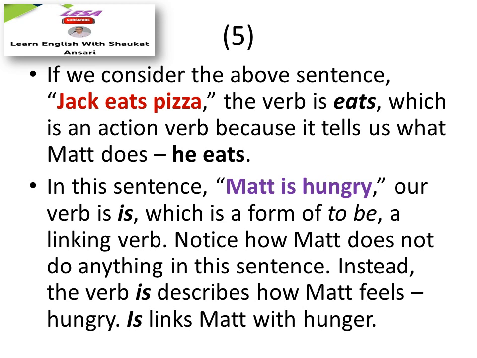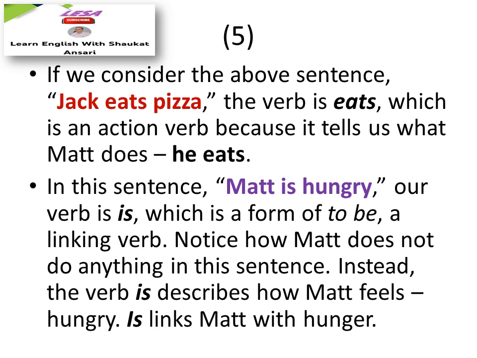Now take another example, another sentence in support of clarifying linking verbs. Here the example is Matt is hungry. Here our verb is, which is a form of to be, a linking verb.